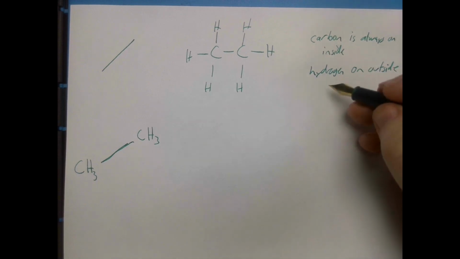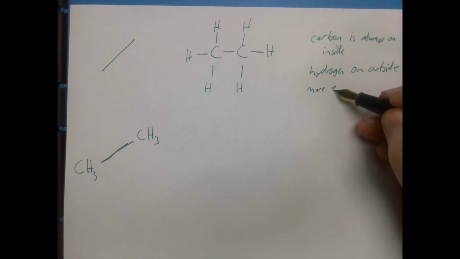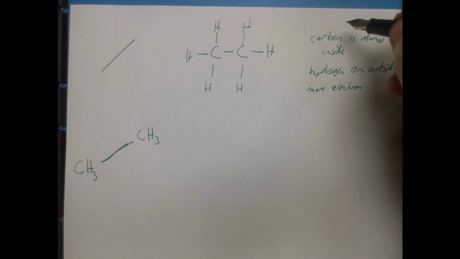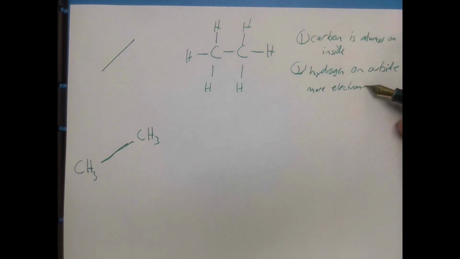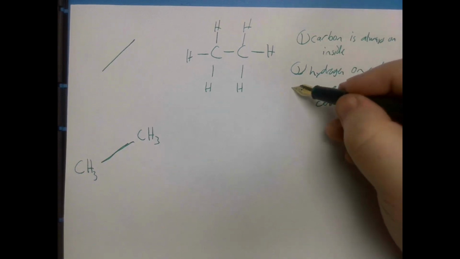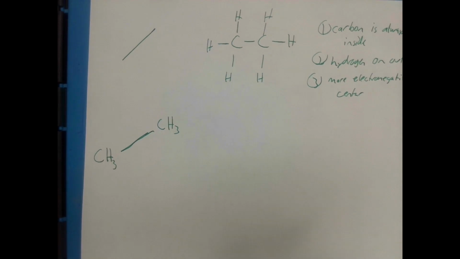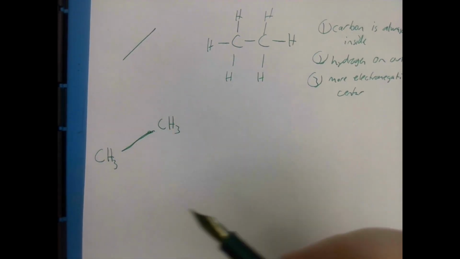You don't really need to know this, but the more electronegative atom is on the inside if it doesn't fall under those. So first check this, then check this, and then the more electronegative is in the center if it's not carbon or hydrogen. Usually this endpoint here is wherever atom this is going to be.